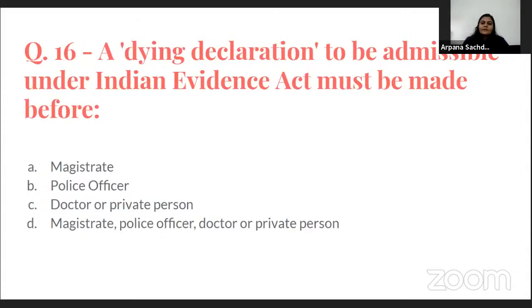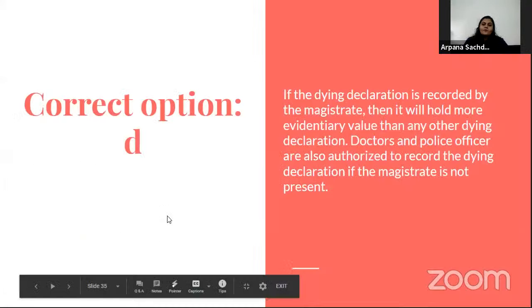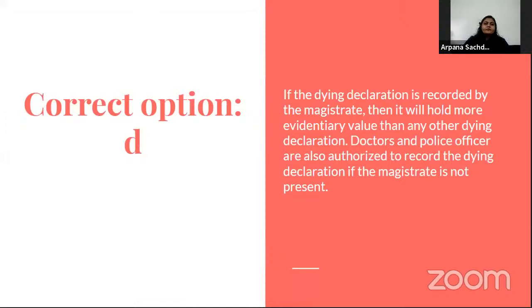Okay, so the time is up for this question. The answer to this question is option D, that is, it can be made before a magistrate, police officer, or doctor or private person.